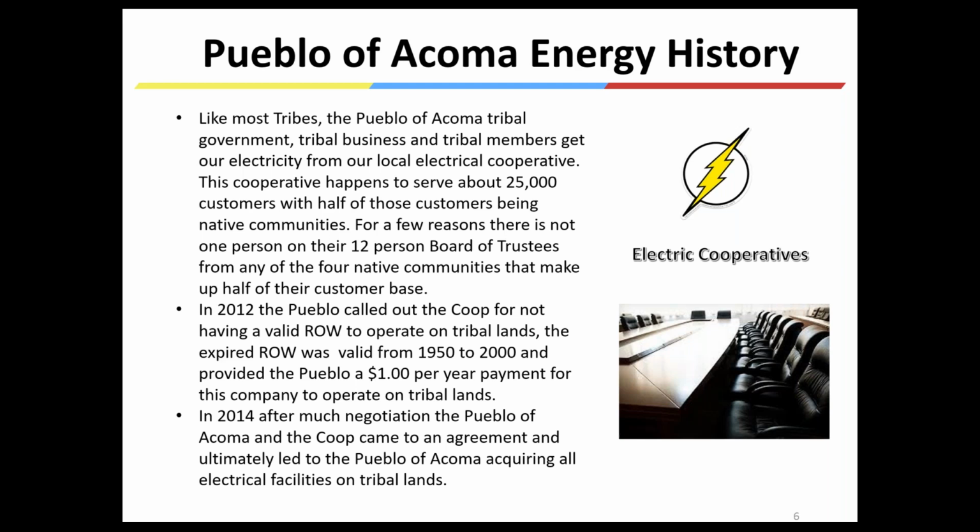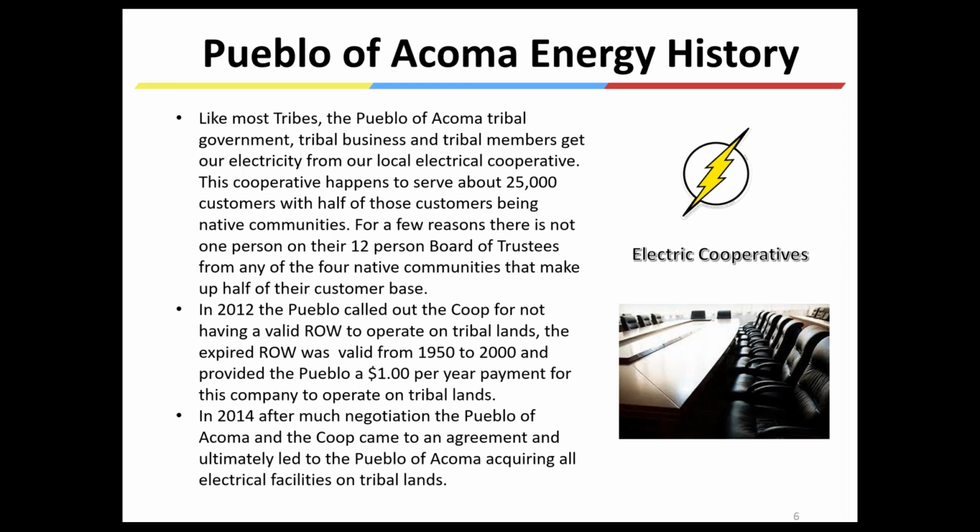But the primary issue was in 2012, the Pueblo of Acoma did bring up an issue with the co-op because their right-of-way agreement on the Pueblo of Acoma to operate the electric utilities, which was valid from 1950 to 2000, had expired, and they were operating for 12 years without a valid right-of-way.